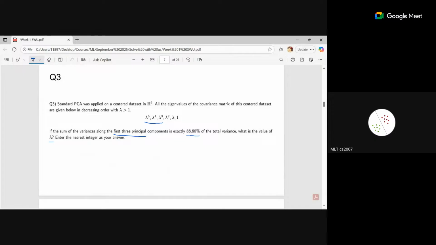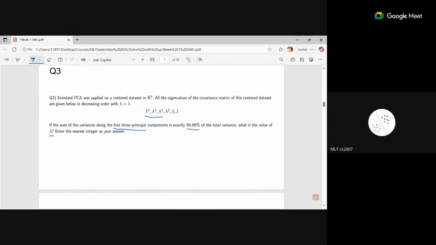See, the information that is given to us for this question is that we have this covariance matrix C, and for this matrix C, I have the eigenvalues, right? And the eigenvalues given to us are 1, lambda, lambda square, lambda cube, lambda to the power 4, lambda to the power 5.